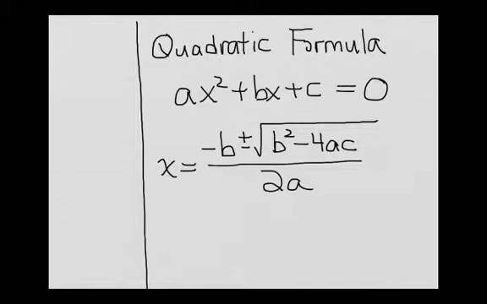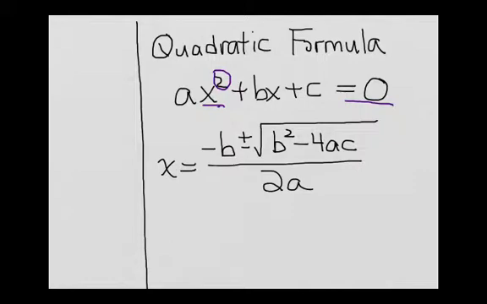And there's a couple of things to note here. One of them is that we're solving a quadratic, and we're going to have a term that has a square for our x. The other one to note is that one side of the equation needs to be equal to 0. That is, we need to manipulate our equation ahead of time so that we have it in this form where one side is equal to 0.